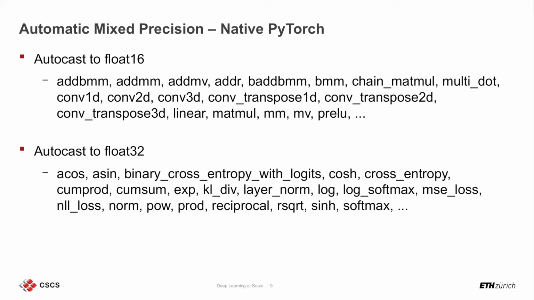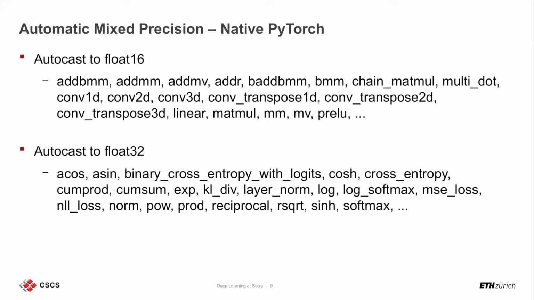In native PyTorch, I think since version 1.7, it supports automatic mixed precision natively. It's defined basically with an autocast list, a table of functions, and those functions get automatically autocasted to float 16, or back to 32 if it's in 16 already, right?